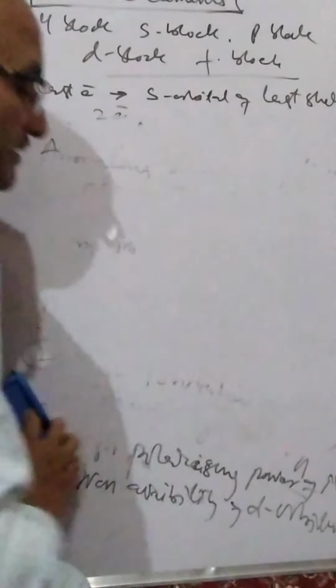So these are the reasons for their diagonal relationship. Diagonal relationship means that elements of the first period resemble the elements of the second period in diagonal position. For example, we have lithium in group first, then in group second we have beryllium, and below beryllium we have magnesium.